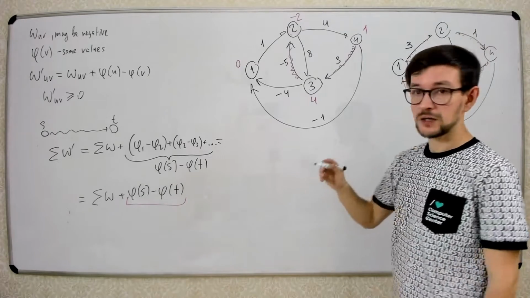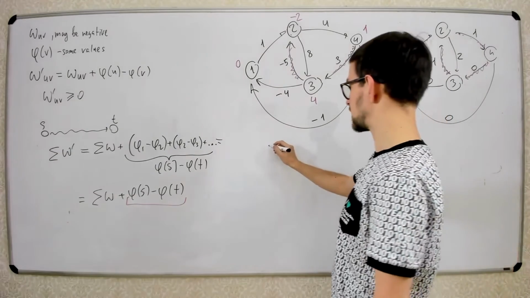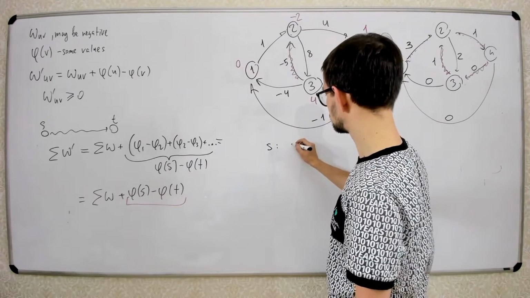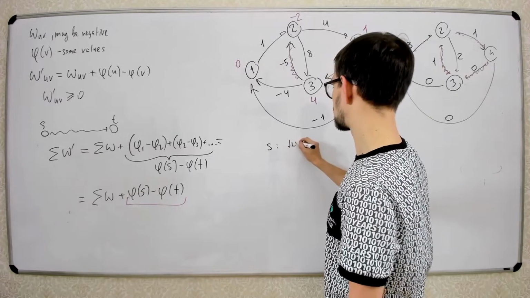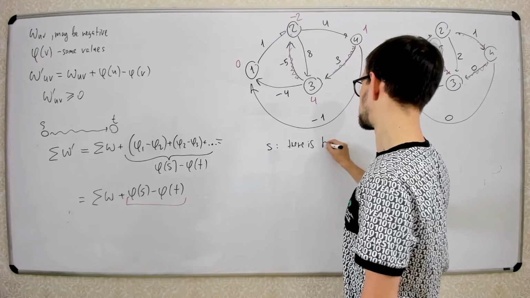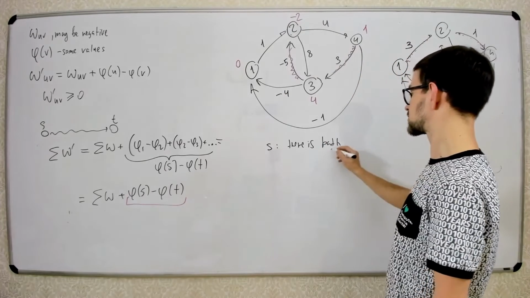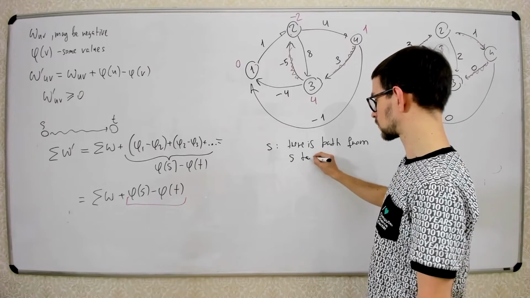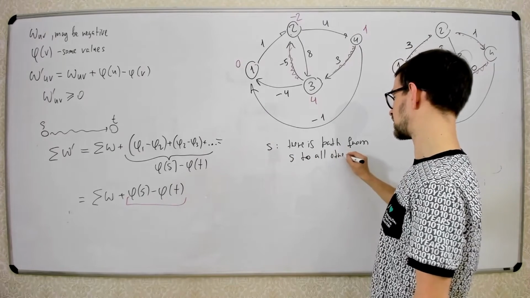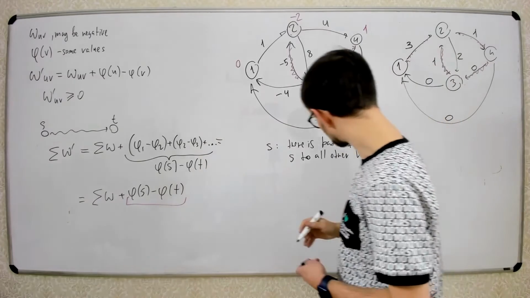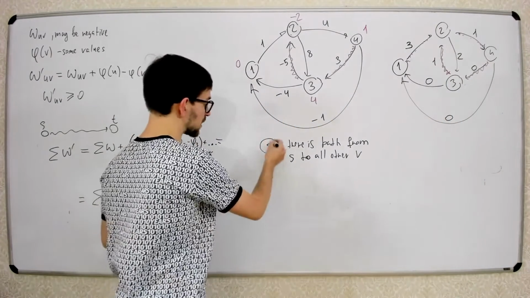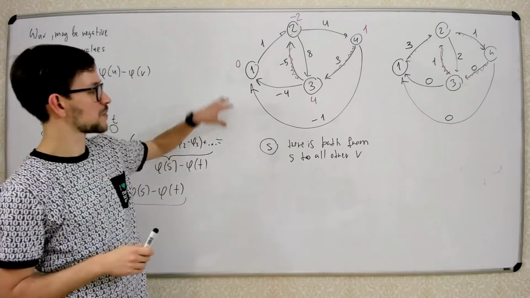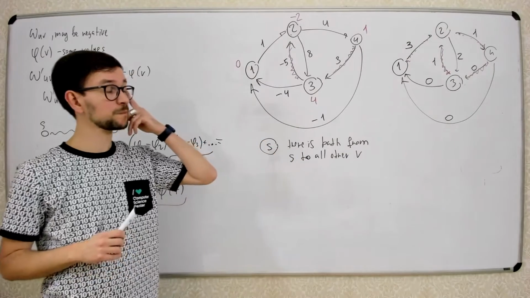Now, let's see. Let's pick some node S. There is a path from S to all other nodes V. So let's pick some starting node S. Imagine you have some node such that you have a path from this S to all other nodes.